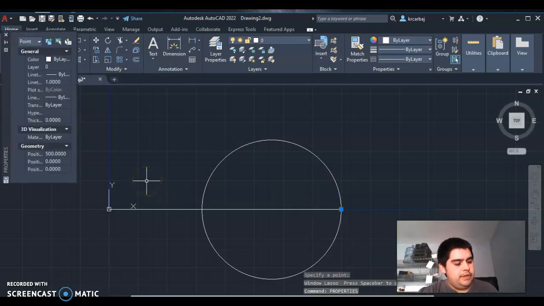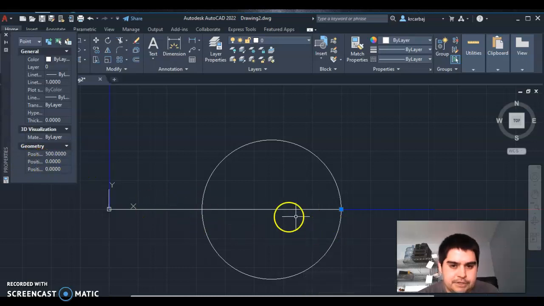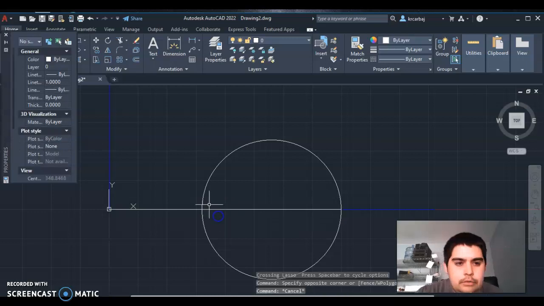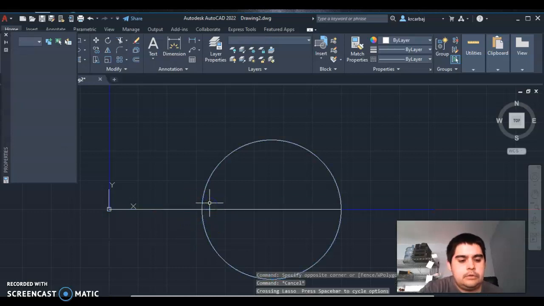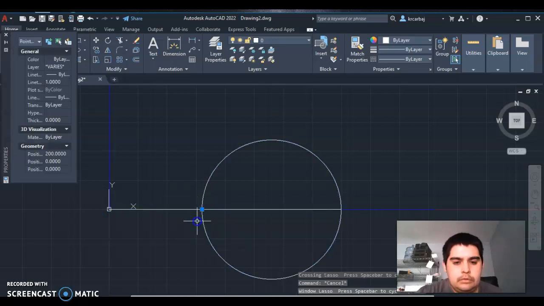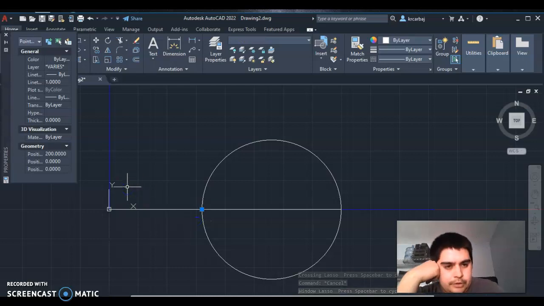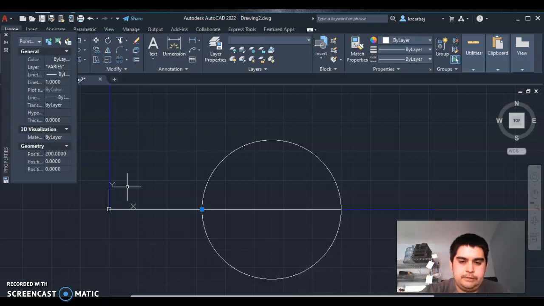So our major stress is 500, and we don't have any shear stress because this is on the principal plane, principal line. So there's no shear stress. Then we go look at this one. And our minor, sigma 3, is going to be 200 with no shear stress because it's on the principal plane.